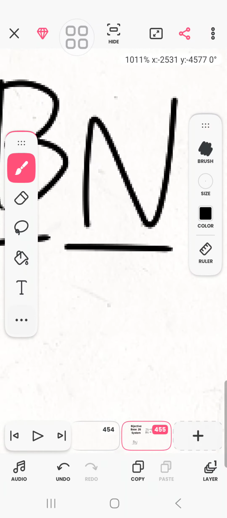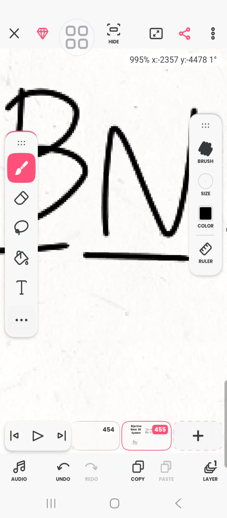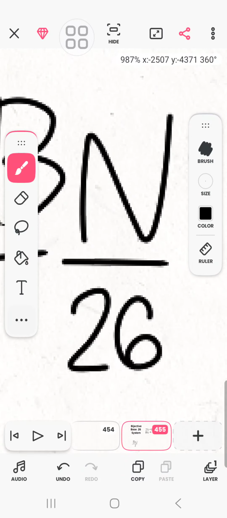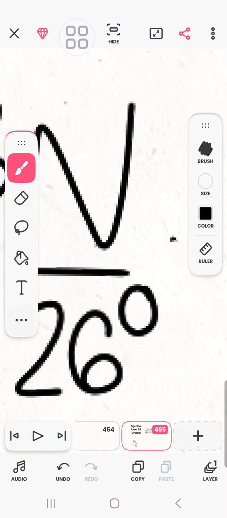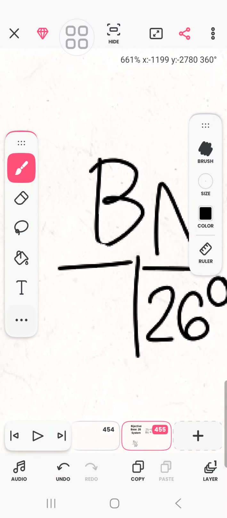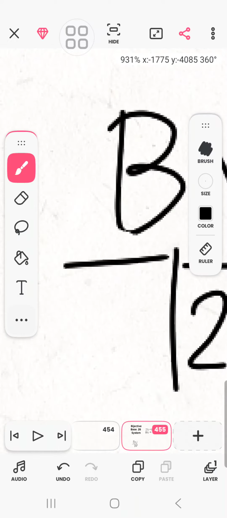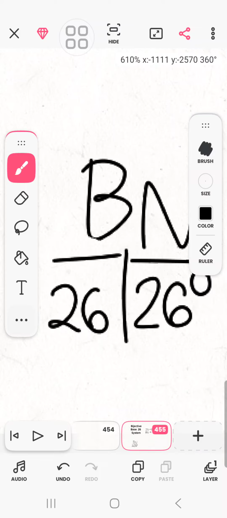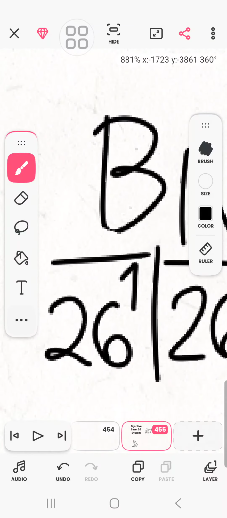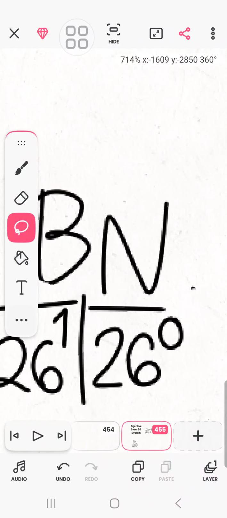So the ones place is N, and we're going to put 26 on the bottom since there's 26 spaces. And we'll start by putting the power of 0. Then we move on to the next digit, which is B, we put 26 and upgrade the exponent by 1. So now it's 26 to the power of 1.